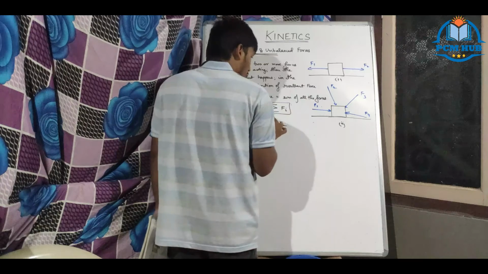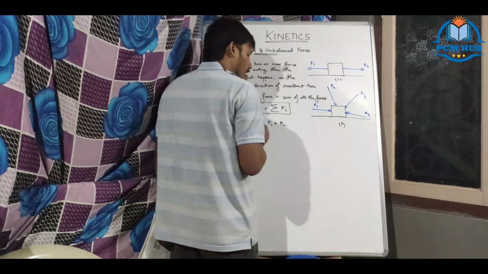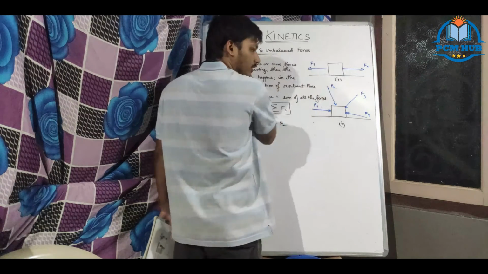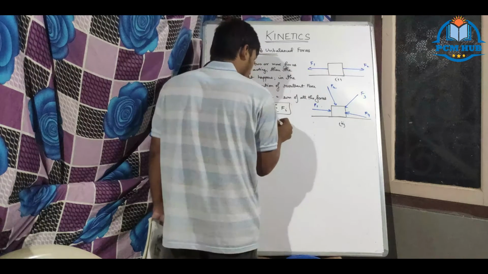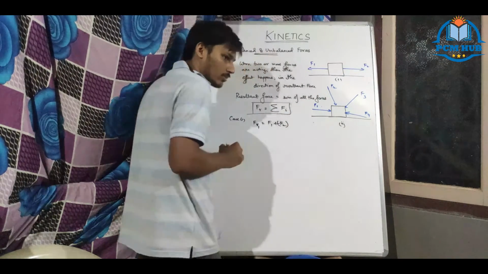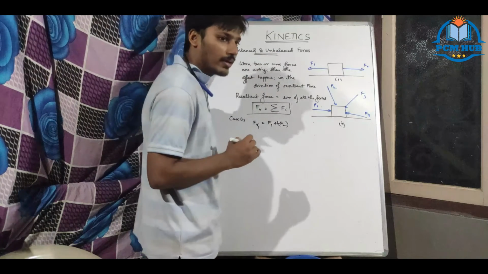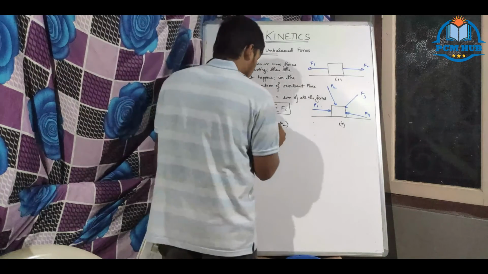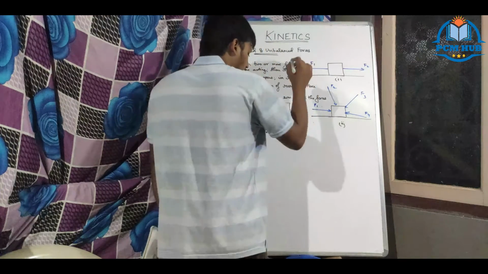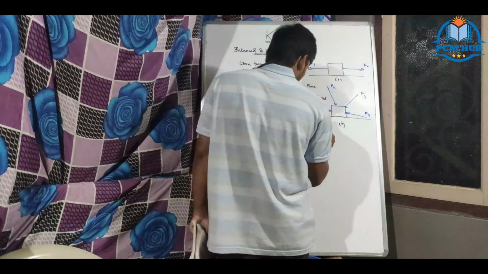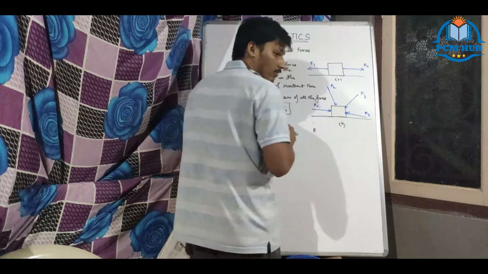Let us take F1 towards the left as positive. My left side is positive. F2 is negative. Clear? Therefore F1 minus F2. Now F1 minus F2 became equal to 0.